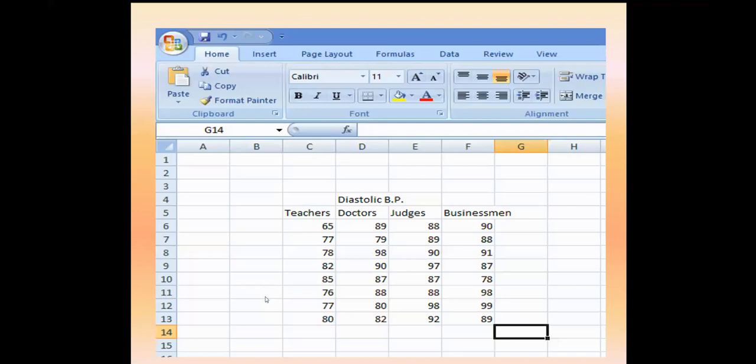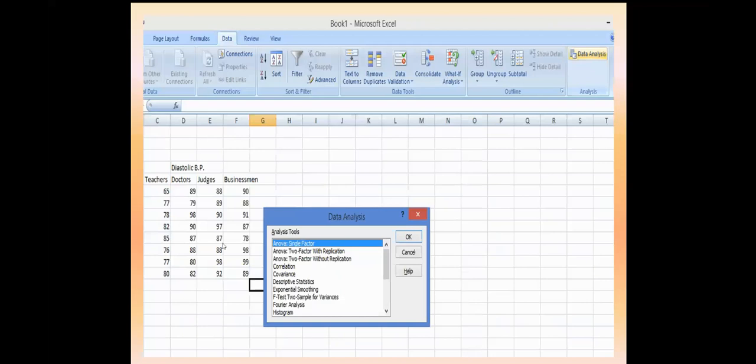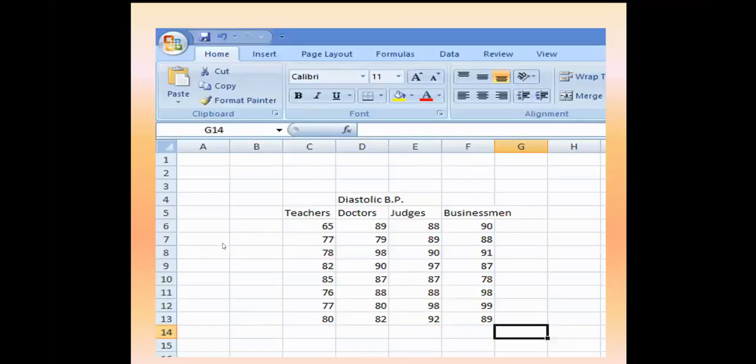Now I have shown you a particular case. Suppose we want to analyze our data regarding the diastolic blood pressure of individuals doing different professions. So we have the diastolic blood pressure of teachers, then doctors, judges, and businessmen.